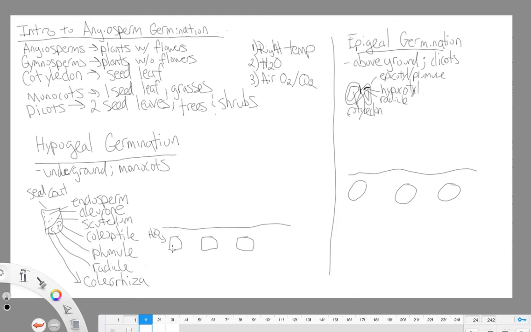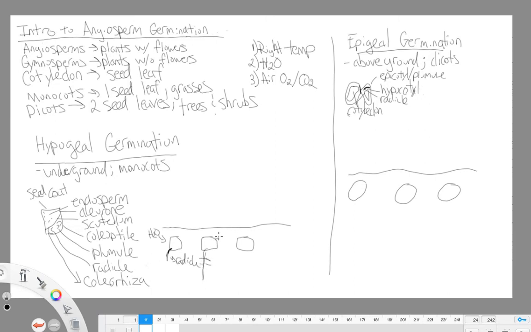Then the first embryonic structure that emerges is, we'll draw it a little bigger, the radicle, and that's the primary root. It grows through this coleorhiza. This radicle will continue to grow, and we may start to see some secondary roots branch off.